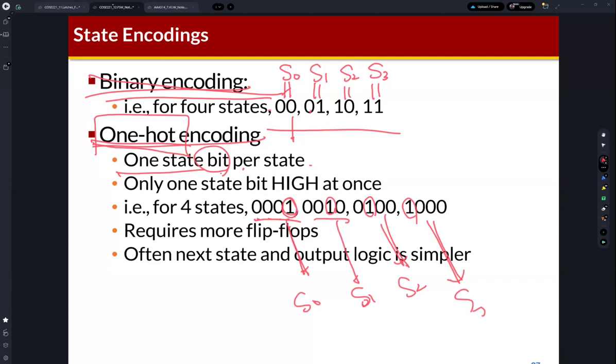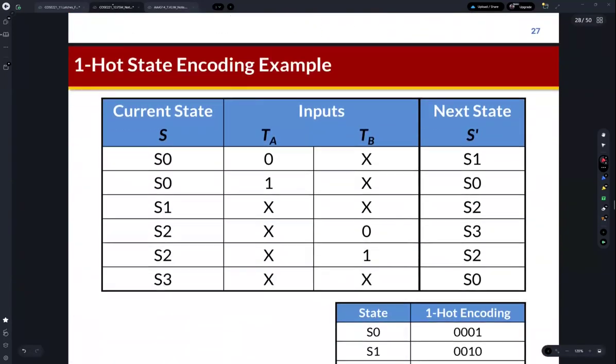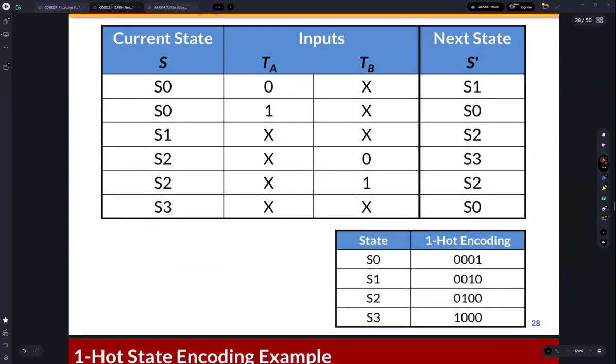Sometimes we use one-hot encoding because we can make simpler combinational logic. But if we use one-hot encoding, then we require more flip-flops. So this is one-hot encoding, and it is very simple.